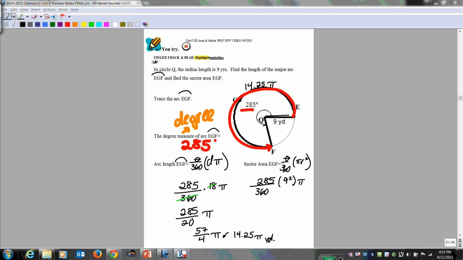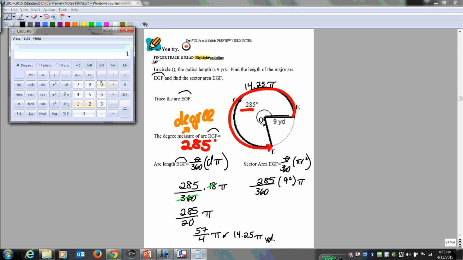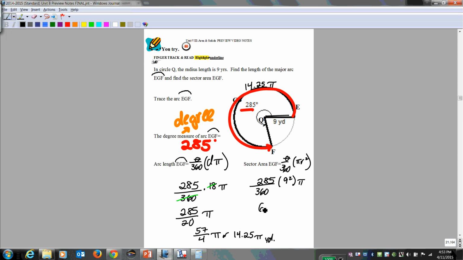So I'm going to go 285 times 81 divided by 360, and we get 64.125 pi yards squared.